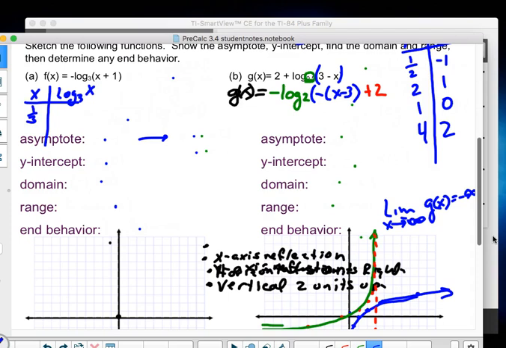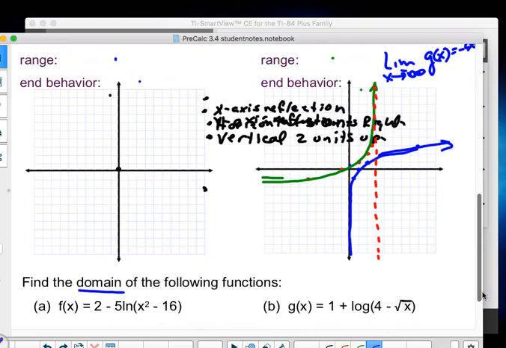So 1/3, 1, 3, 9 gives -1, 0, 1, and 2. Okay? Now, that's my parent function.